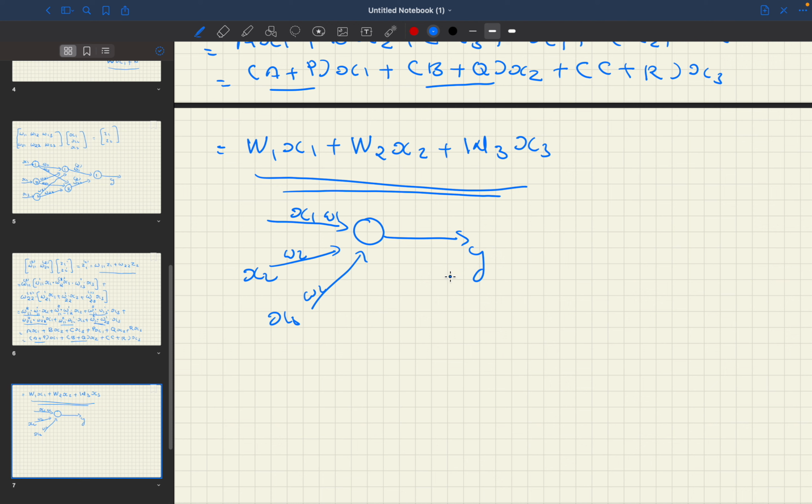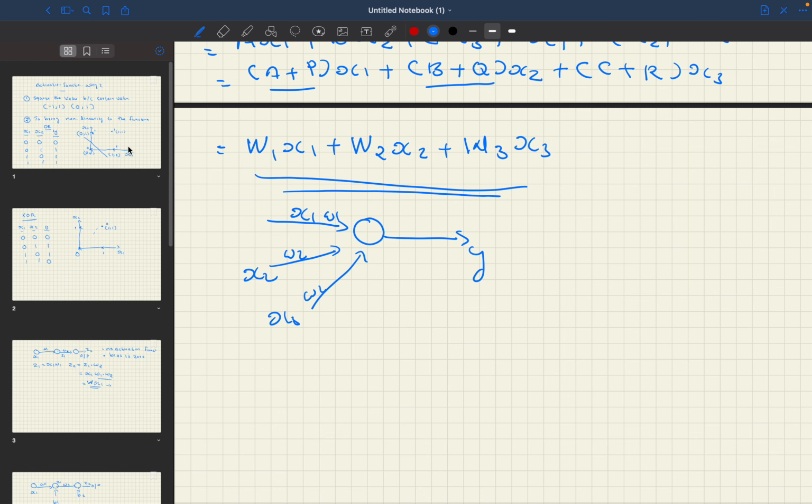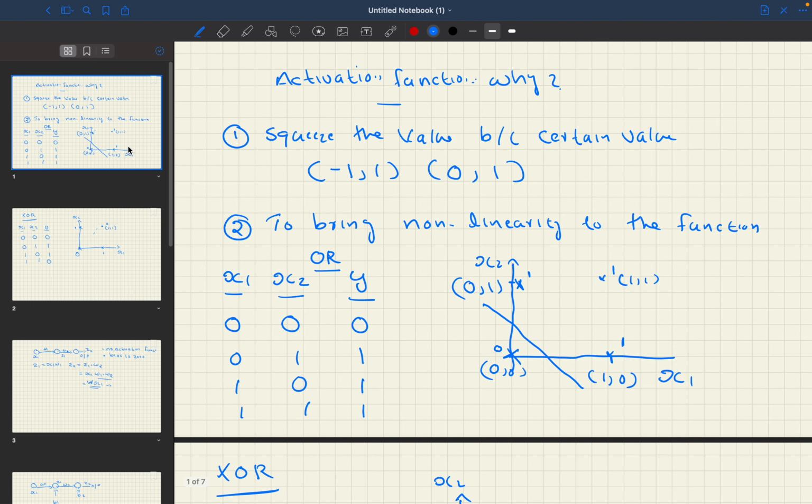So that is our second point. To bring nonlinearity, we need the activation functions. Okay, there are different activation functions, and we can discuss more about activation functions in our coming videos.